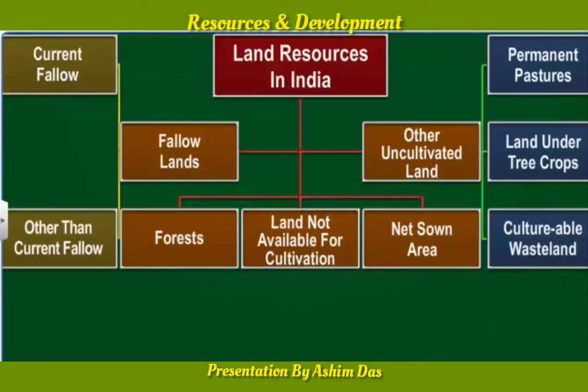This other than current fallow land is either of poor quality or cost too high to cultivate. Hence, sometimes it is cultivated once in 2 or 3 years.